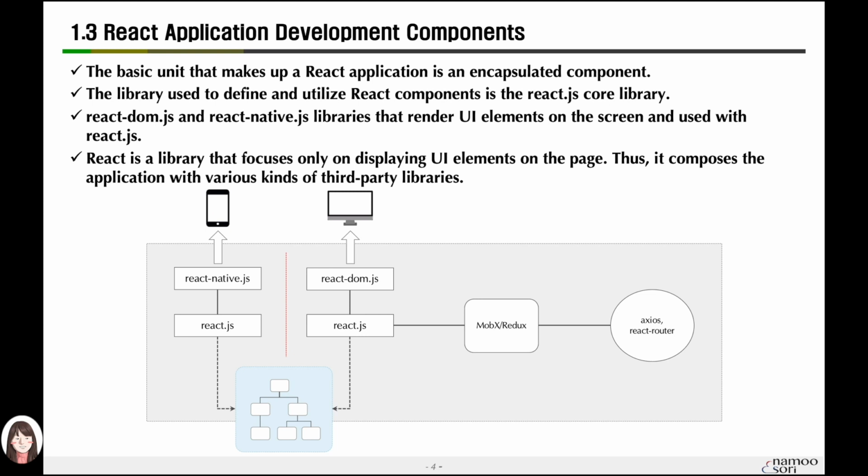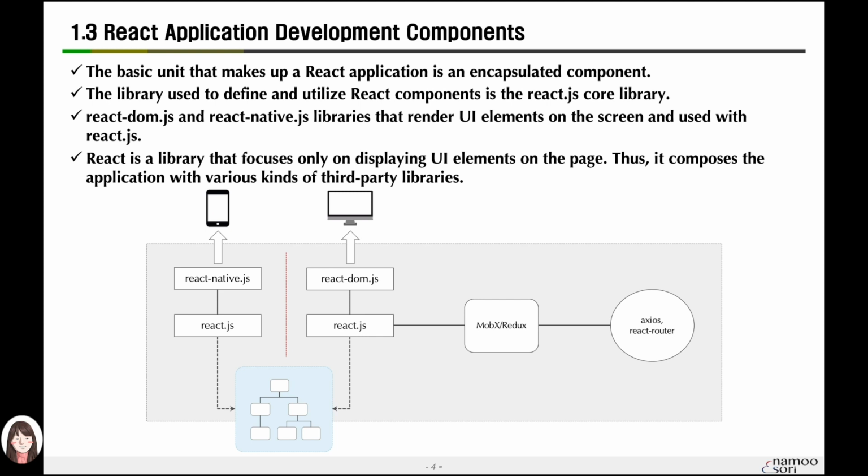First is React-native.js, and the second one is React-dom.js. Whether the device that represents the page is a mobile device or a desktop device, it is either React Native or React DOM.